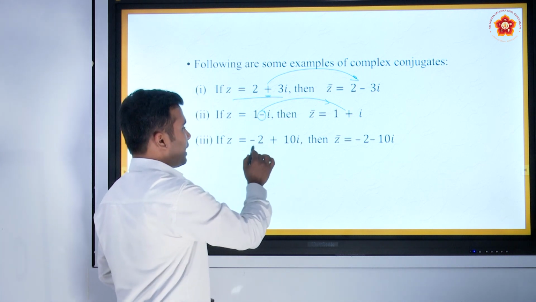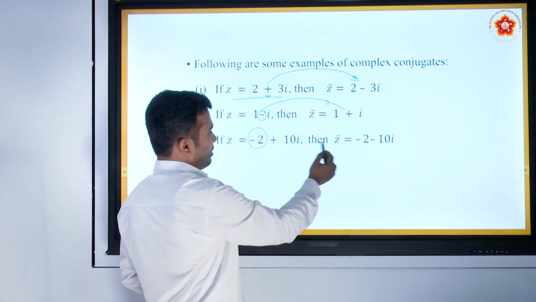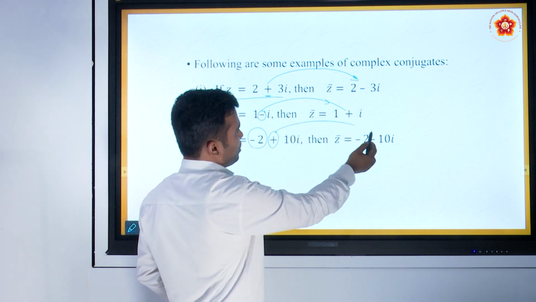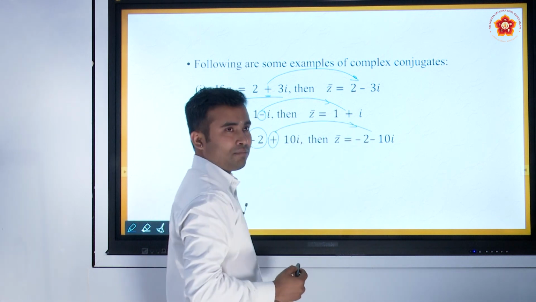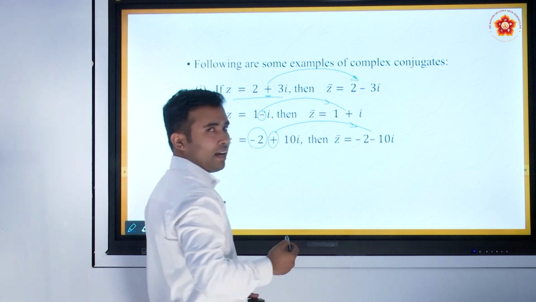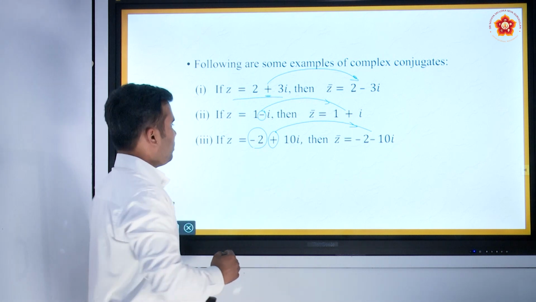The sign of the real part won't change, and the sign of the imaginary part is changed to minus, so z bar is equal to minus 2 minus 10i. That is the conjugate of this complex number.